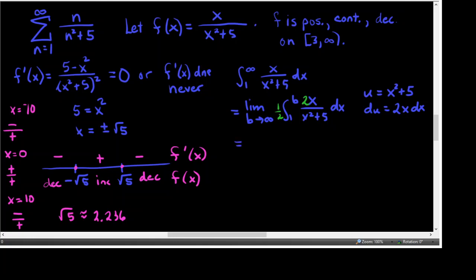And the integral we're doing is going to be the constant in front multiplied by the antiderivative of 1 over u du. That's the form this is in. 1 over u du is the natural logarithm of the absolute value of u evaluated from 1 to b.